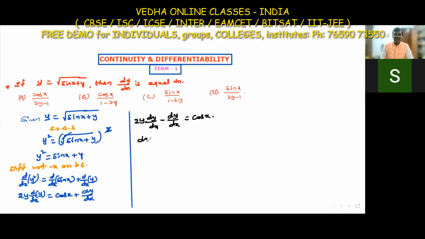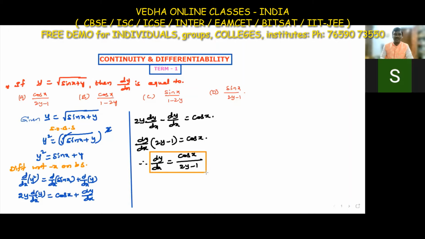Taking dy by dx common, we get dy by dx times 2y minus 1 equals cos x. Therefore dy by dx is equal to cos x divided by 2y minus 1, since 2y minus 1 is multiplying and goes to the other side as a divisor. This is the required solution.